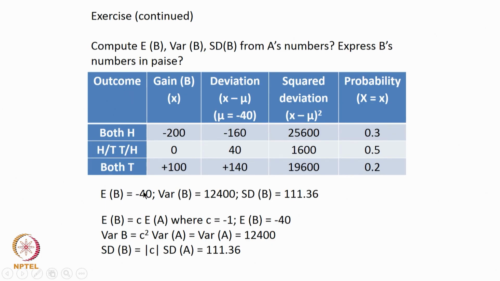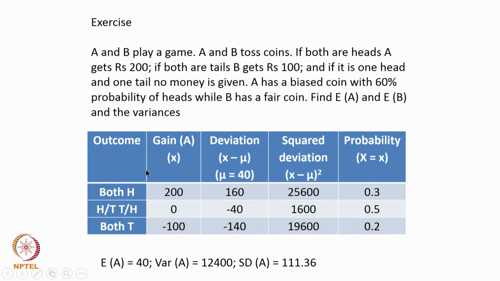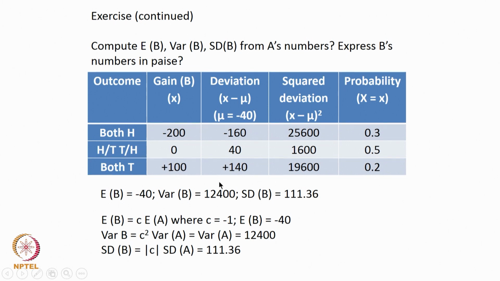Variance of B is C square into variance of A, where C is minus 1, C square is plus 1. So, variance of B is equal to variance of A, and we found out that both are 12,400. For A it is 12,400, for B also it is 12,400.